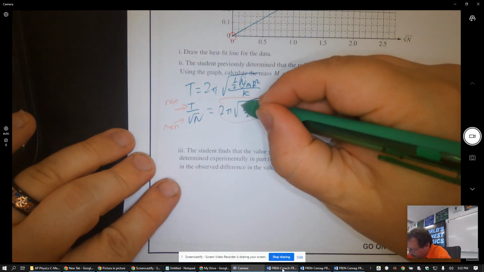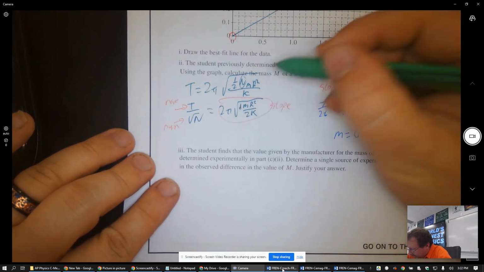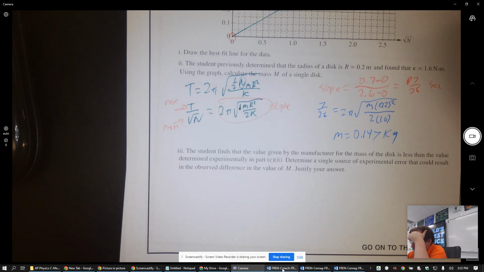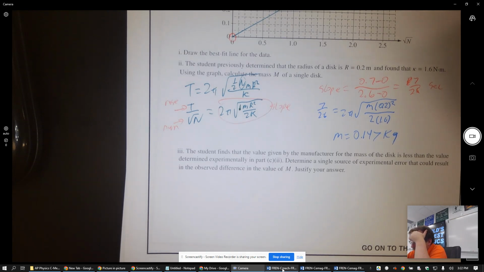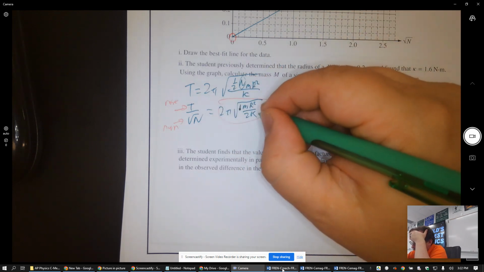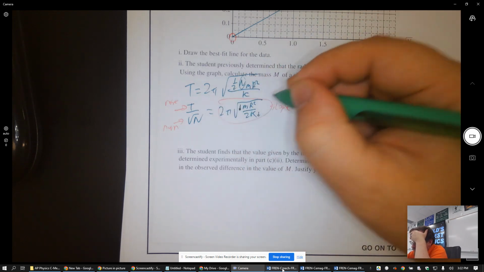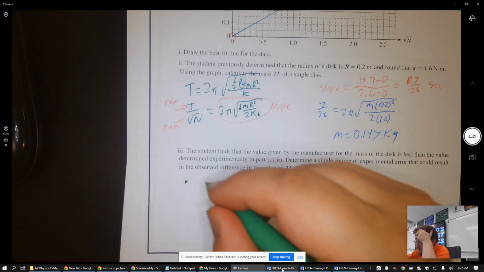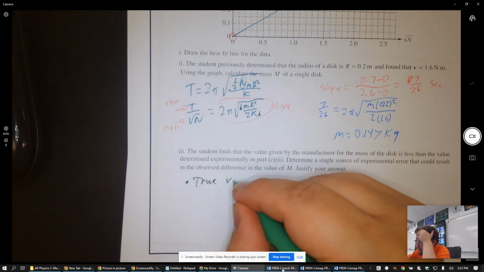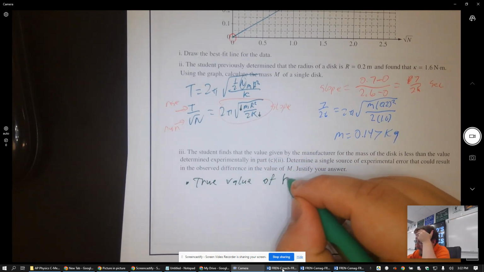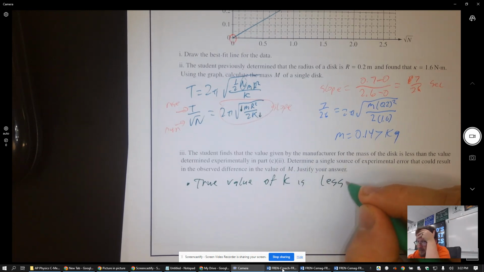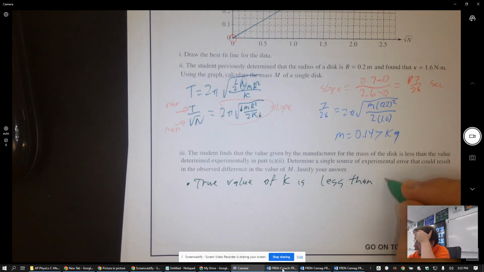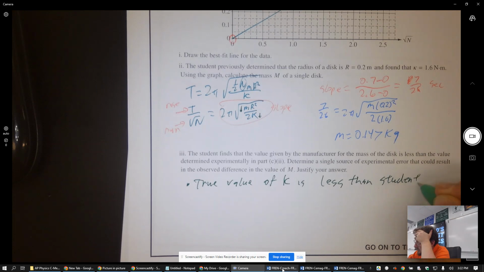Okay, so the true m is smaller than we thought. I'm going to list some possibilities. The true value of the k constant is less than the student thought.